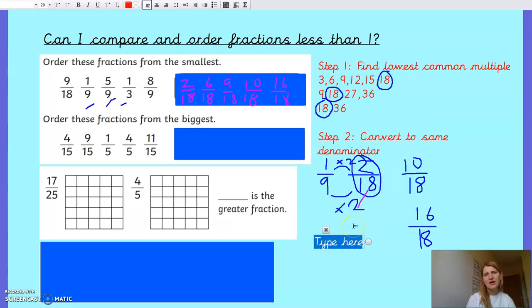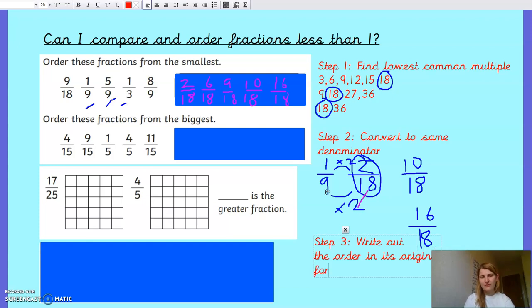So for example, instead of writing 2/18, write 1/9. Okay, see if you can have a go.